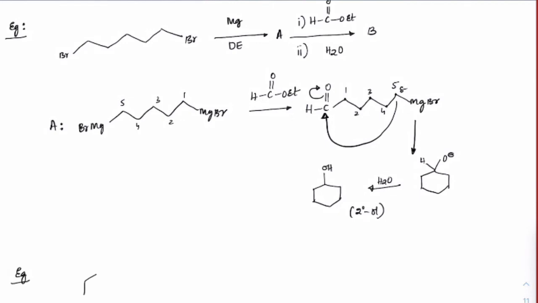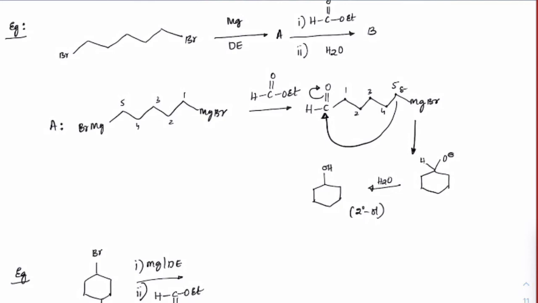Let us do one more. So if we have Br and Br here, first Mg in dry ether, second HC double bond O, OEt, third hydrolysis.